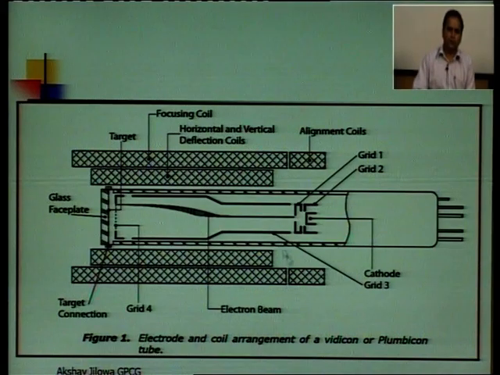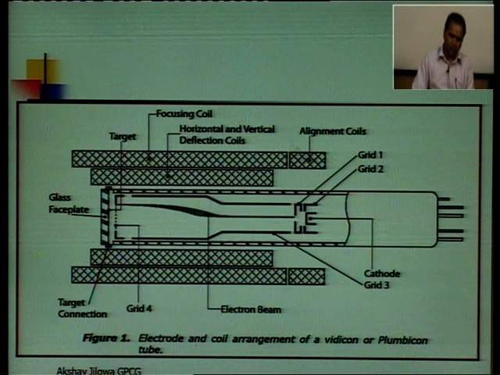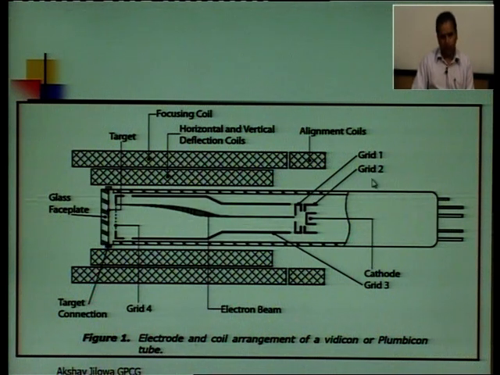This figure shows the Vidicon. The Plumbicon is also the same. In the Vidicon and Plumbicon, the only difference is in the target construction; otherwise both tubes operate on the same principle and their construction is also the same.